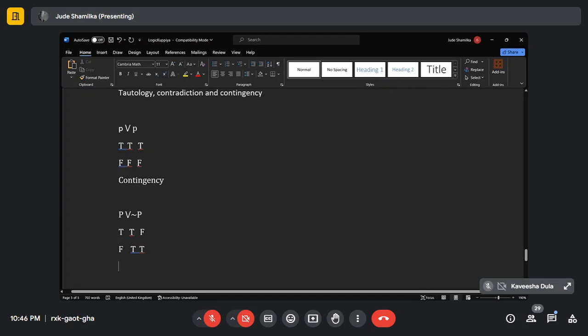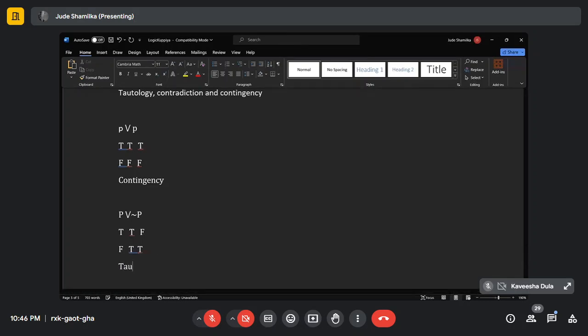We call any compound proposition that is always false a contradiction. But here, we have made a tautology. Okay, we have got a tautology. Okay, then let's try this one.